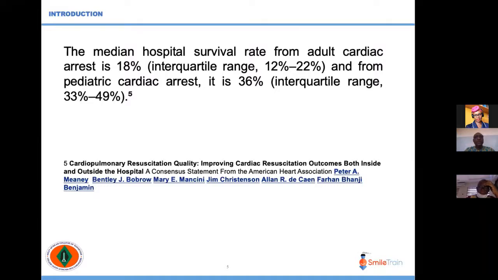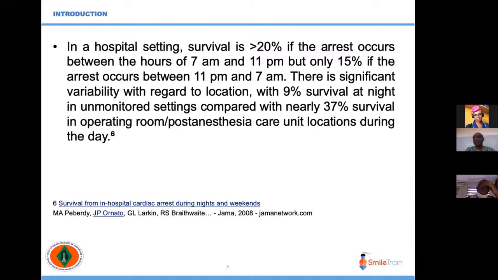In hospital settings, I thought it was going to be interesting to bring out these realities. Survival rate is a little higher and is pegged at 20%. Now that is if the arrest occurs between 7 a.m. and 11 p.m. And then it drops down to 15% if the arrest occurs between 11 p.m. and 7 a.m. So there's a significant variability here in regard to timing.